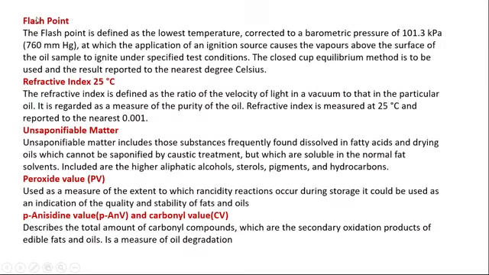Then you have parameters such as flash point, which is defined as the temperature at which an ignition source causes the vapors of the oil to ignite. You can determine the flash point by an apparatus called the Pensky apparatus. It's a closed cup equilibrium method, and the temperature is given in degrees Celsius.